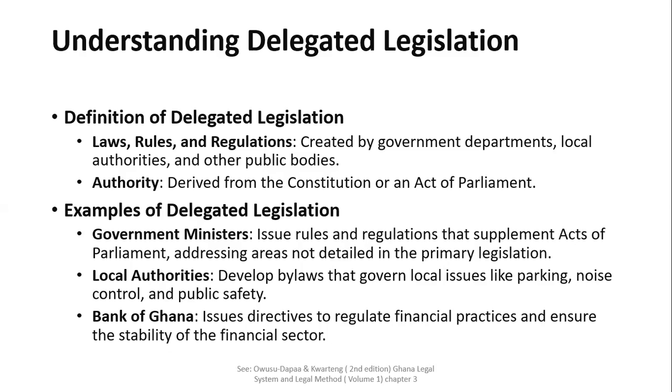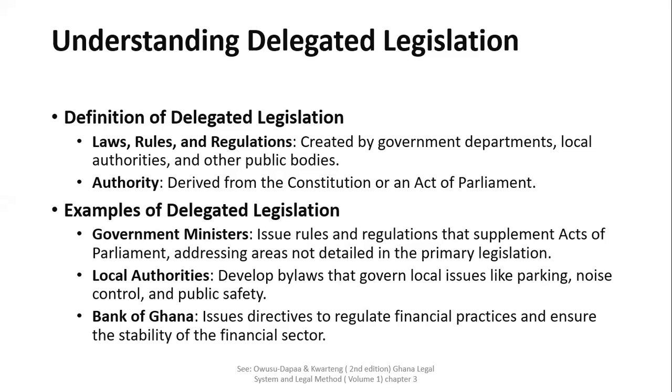Now, we are looking at laws other than the primary legislation, which are made pursuant to powers derived from the Constitution. So we'll be talking about the constitutional instrument as one example of delegated legislation, and other forms of delegated legislation which are made pursuant to an act of Parliament rather than a direct provision of the Constitution.